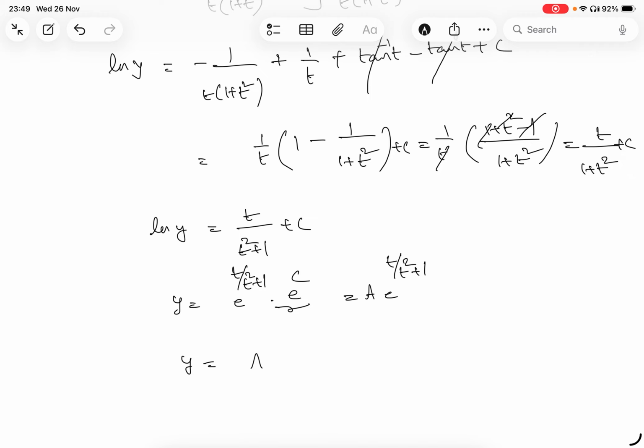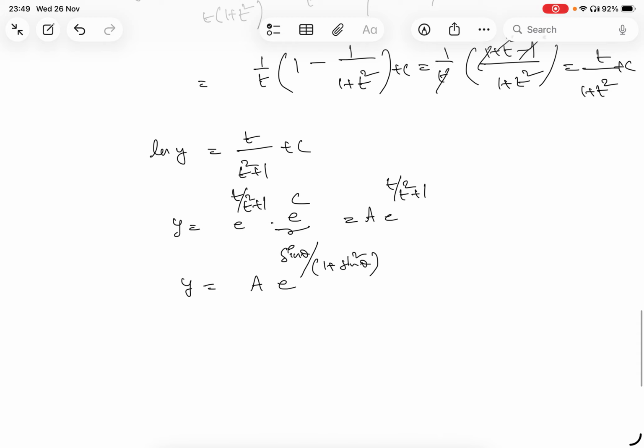Then this becomes y equal to a into e power sine theta by 1 plus sine square theta. Fine. We have considered sine theta equal to x, right? And this is y equal to a into e power x by 1 plus x square.